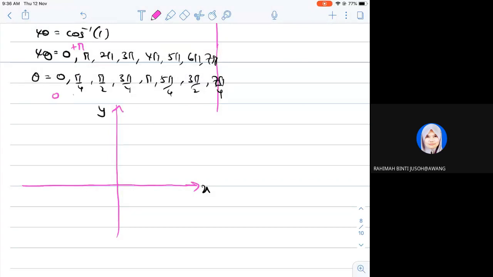So 0, 45, 90, 135, 180 degrees, and then add 45, 225, and then 270 degrees, and then add 45 should be 315 degrees. Okay, so here are the positions of the radius.